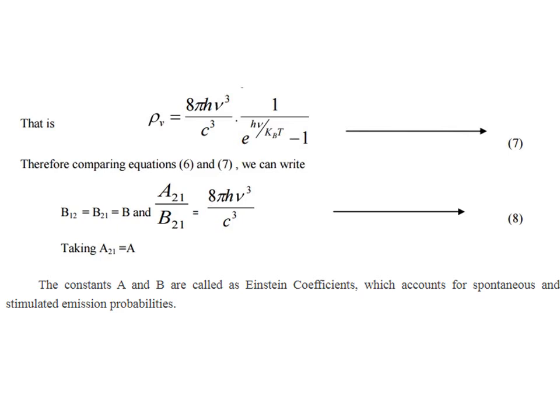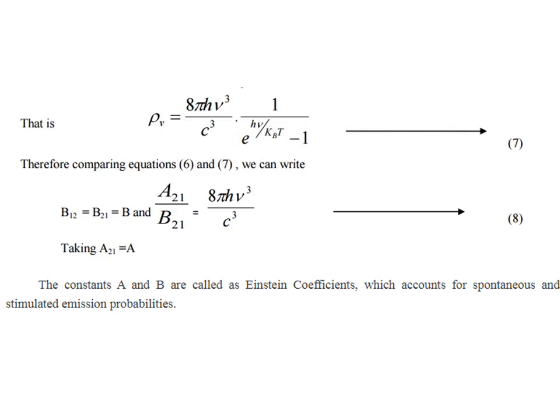But we don't have a transition like A12, which is the probability of transition from level 1 to 2 without the presence of a photon, or spontaneous absorption. There is nothing like spontaneous absorption, because absorption will always require the presence of a photon.